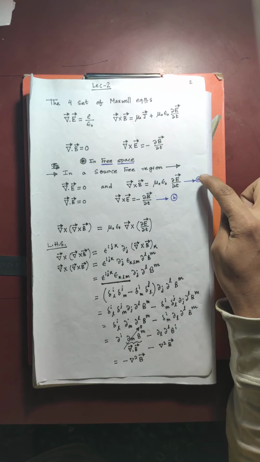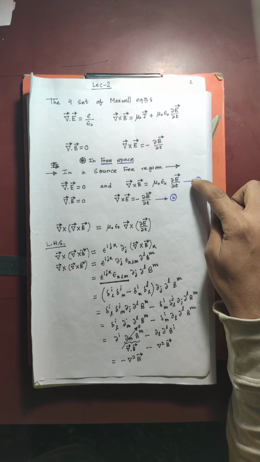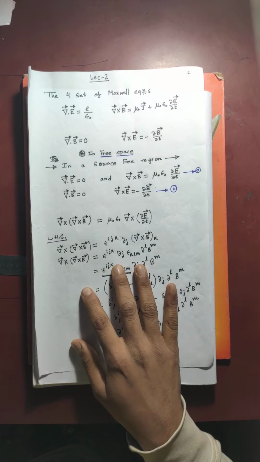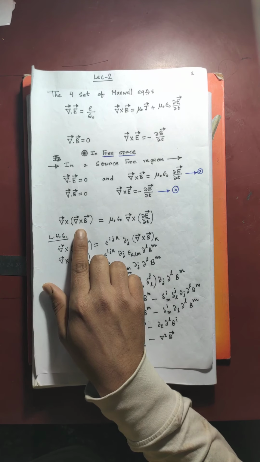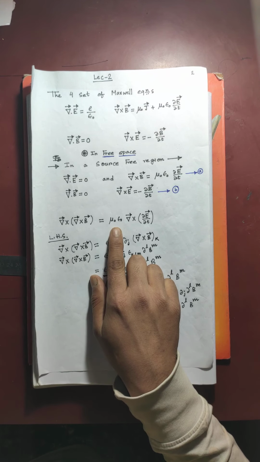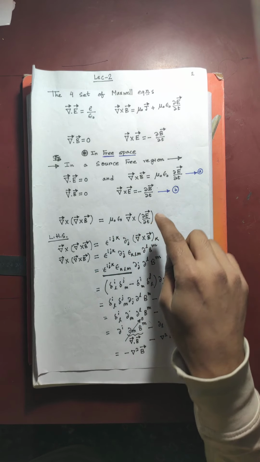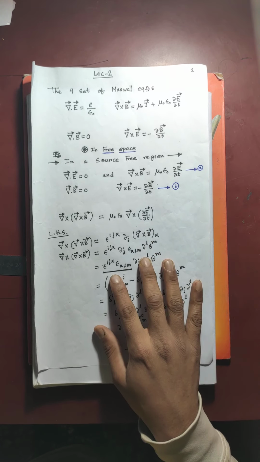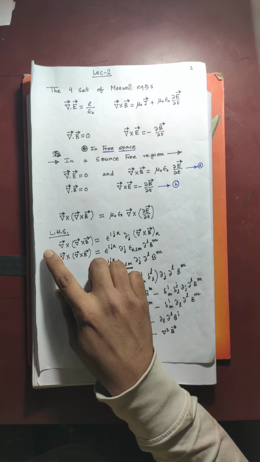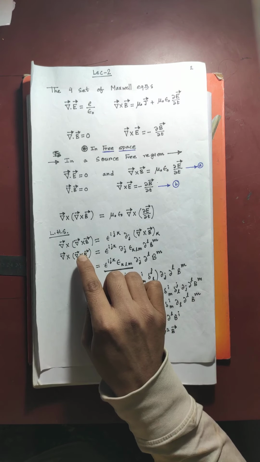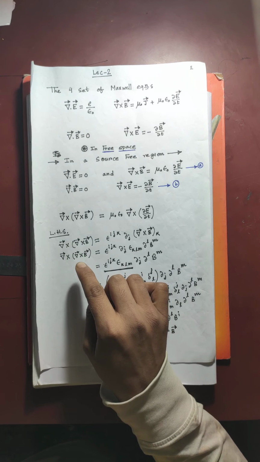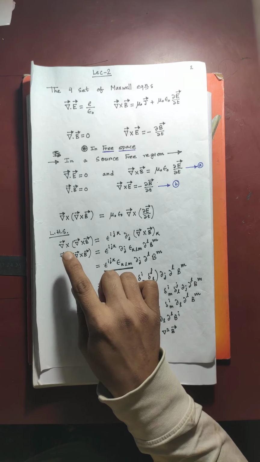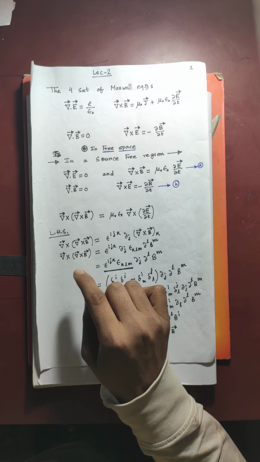So from equation A we are taking a curl of that equation. It will look like curl of curl of B equals mu naught epsilon naught curl of dE/dt. So I'm expanding the left hand side. We can expand it using vector analysis, using something like the BAC minus CAB rule.